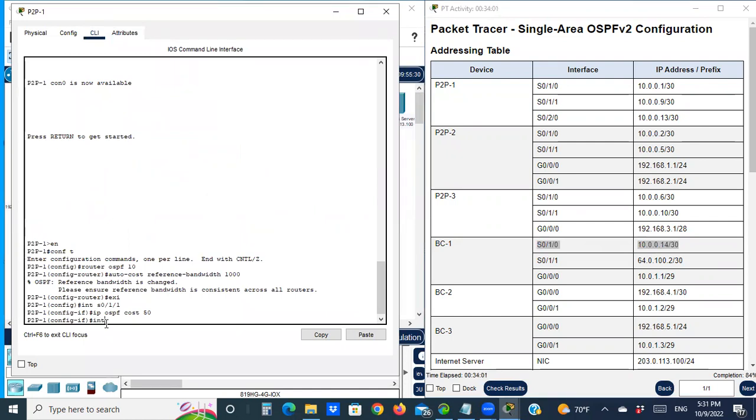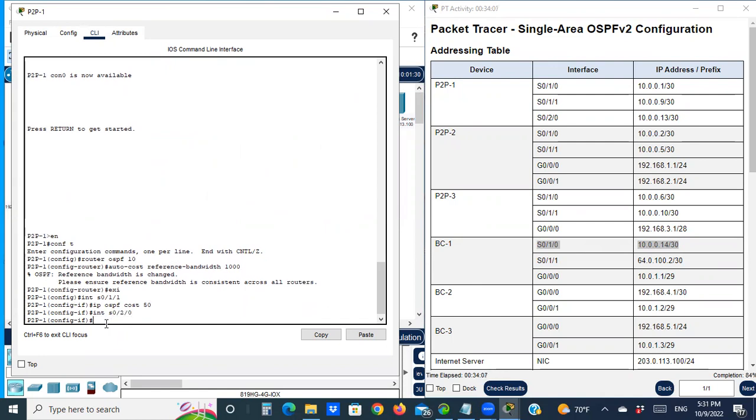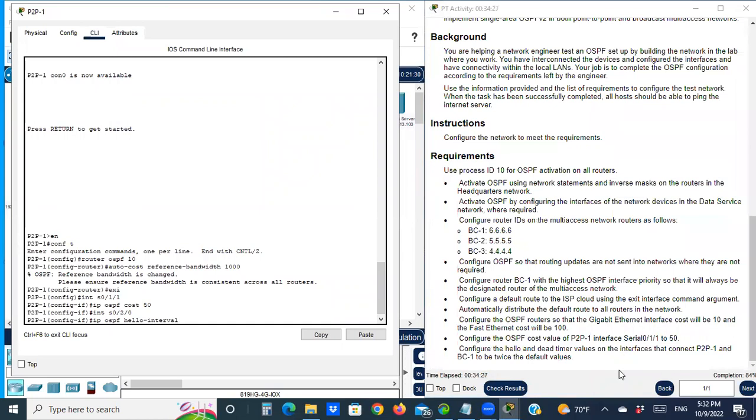Let's do P2P1, interface Serial 0/1/0, ip ospf hello-interval.